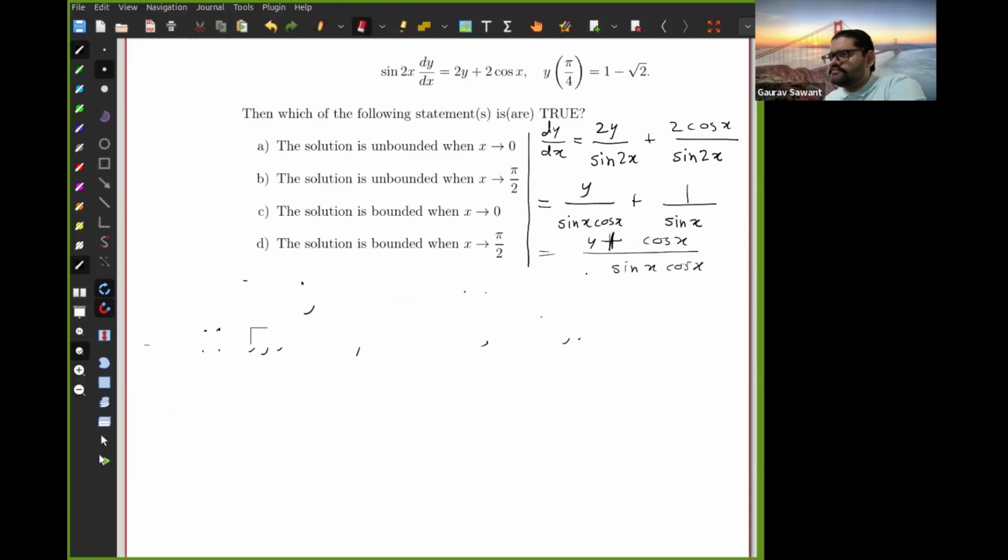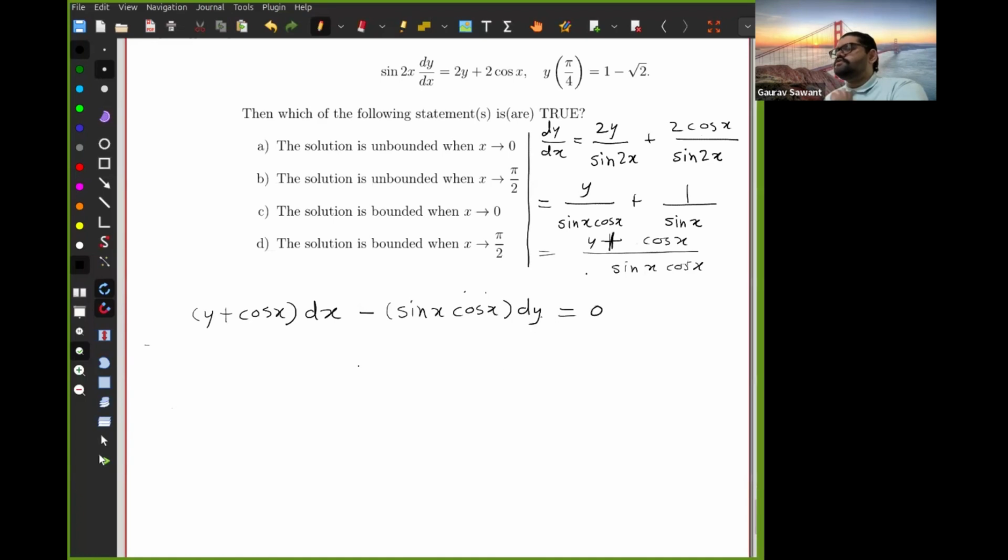So in that case, we can update this a bit. So I have y plus cos x dx minus sin x cos x dy is equal to 0.